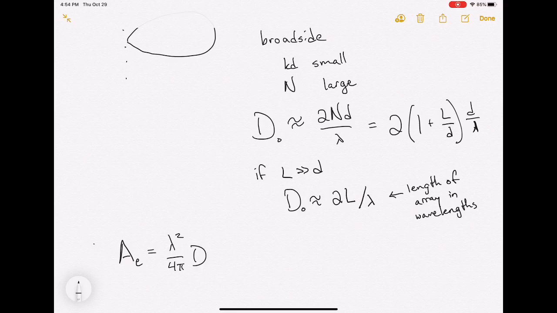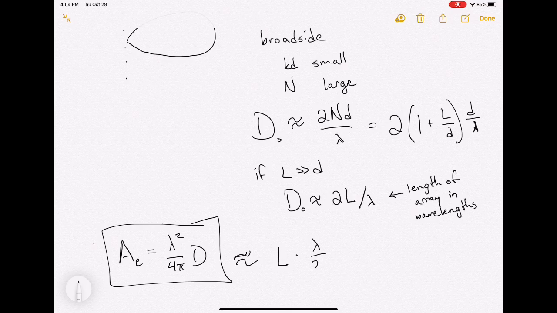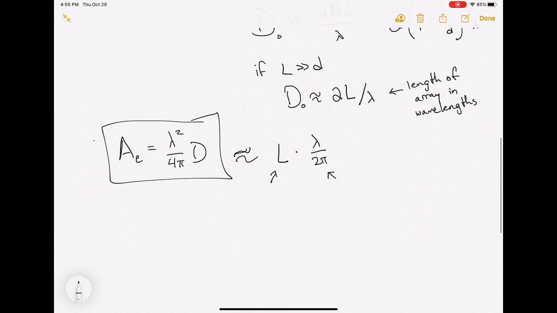In the case of a uniform linear array like we're talking about, if you work out this effective aperture, it turns out to be the length of the array times lambda over 2 pi. So you can think of it as, okay, here's the length, and here's the effective width of the array. So it's sort of giving the array an area, even though it technically doesn't really have an area. So that's for broadside arrays.